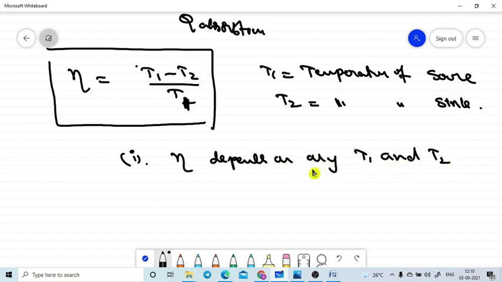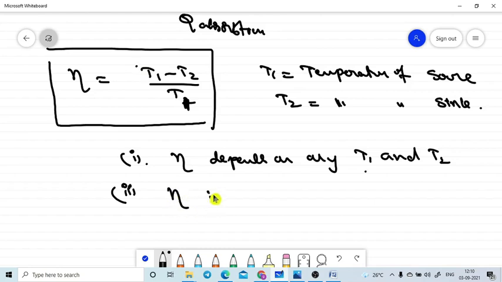So the efficiency of the Carnot cycle depends only on the source temperature T1 and sink temperature T2, and we conclude that it is independent of the nature of the working substance. There are no values of the nature of the working substance here.